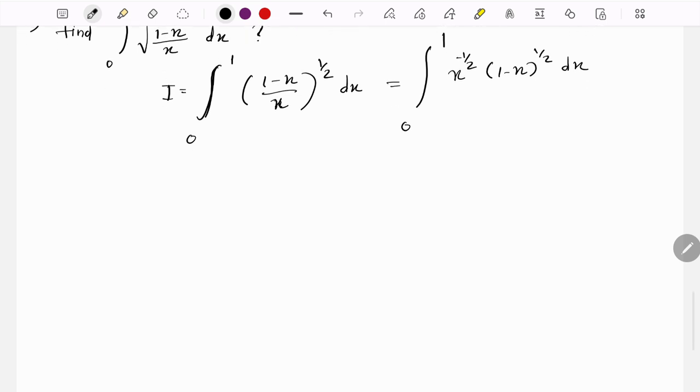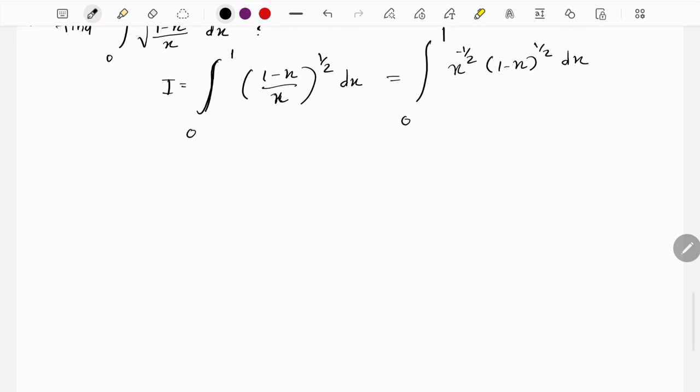But in the beta function there is the term m minus 1 and n minus 1. That is, here 1 by 2 minus 1 is equal to minus 1 by 2. Or 1 minus 1 by 2 is equal to 1 by 2.